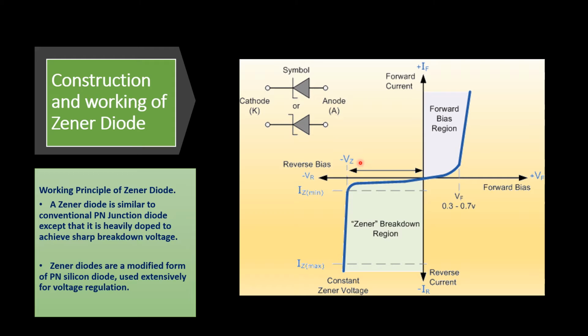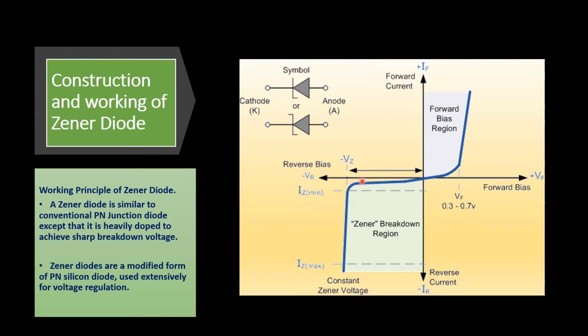After it reaches the Zener voltage level, it starts allowing the current in the reverse direction, that means reverse current. So that is the major advantage of the Zener diode. It conducts in the reverse bias mode, and it allows the current after the breakdown voltage is reached.